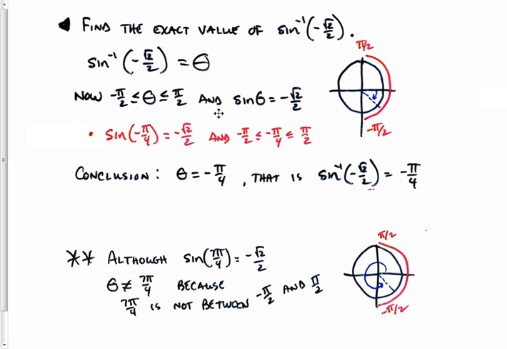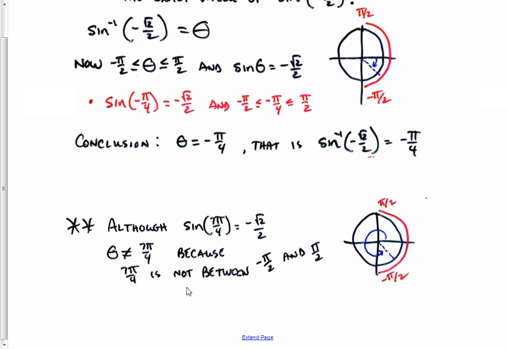So why didn't we choose our theta to be 7π/4? Well, that's because 7π/4 is beyond π/2, isn't it? We have to go clear out of the interval. It gets bigger than π/2, and so that's the reason we rule it out. We had to go in a negative direction so that we didn't leave that interval.